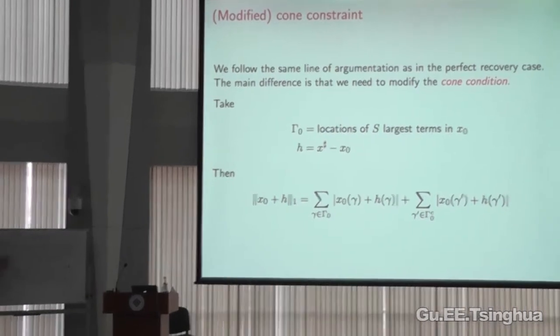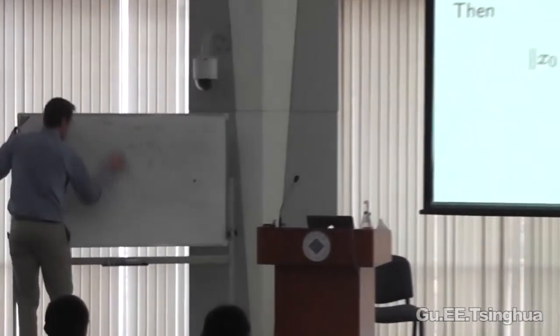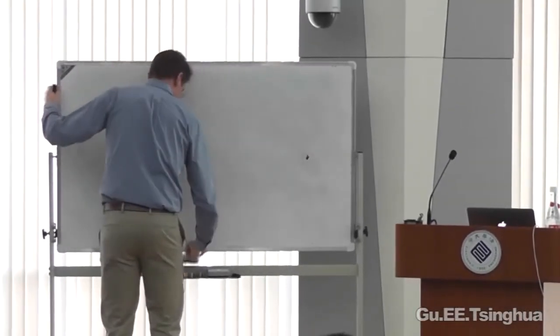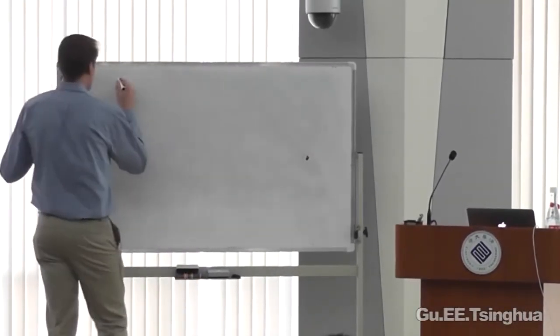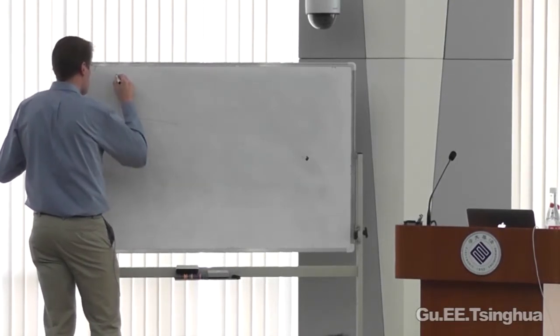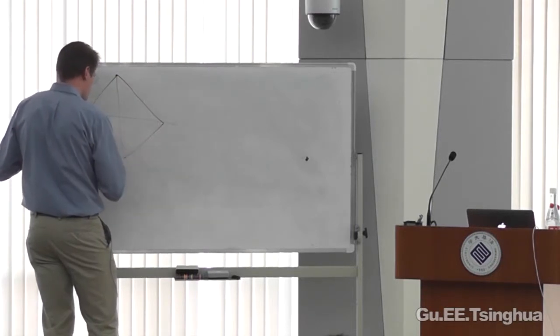What changes is this cone constraint, this idea that, let me write this down. We have this idea of a sparse vector, here a vector on the axis.